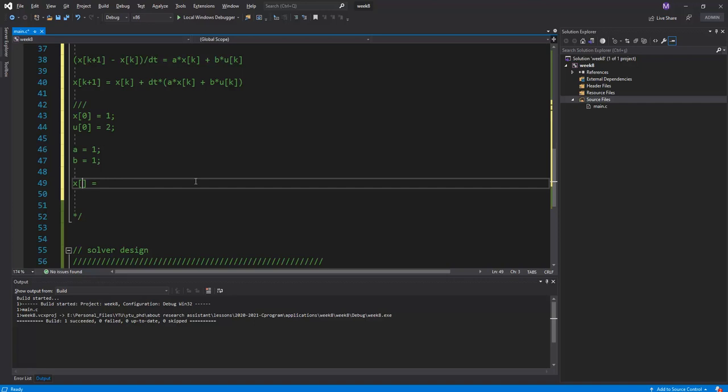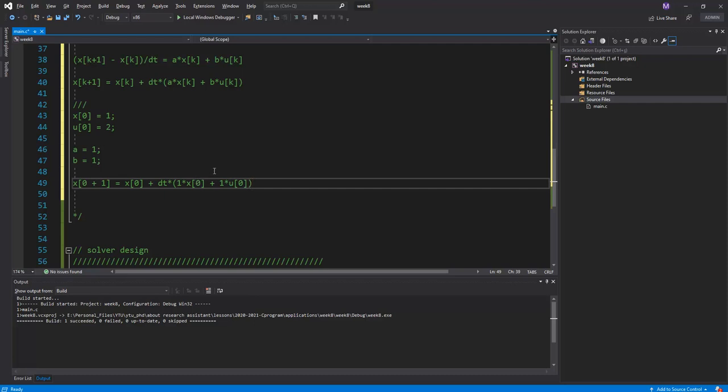0 plus 1, and so this is equal to x0 plus dt times a, which is equal to 1, times x0 plus b, which is equal to 1, times u0.